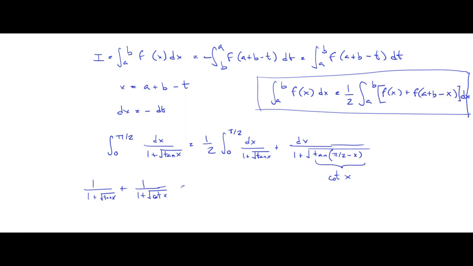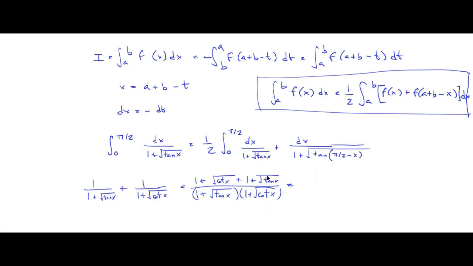So let's see if we can simplify this thing. Well, we have to put everything in the same denominator, and so this is just 1 plus the square root of the cotangent plus 1 plus the square root of the tangent. Then we erase this thing.